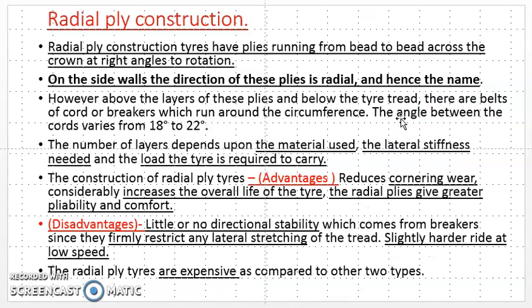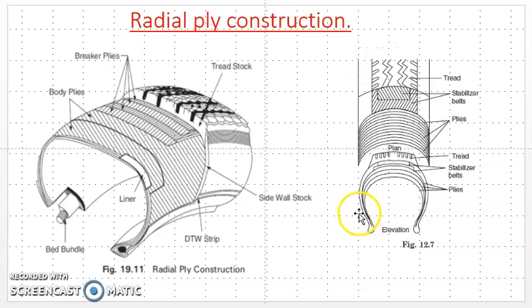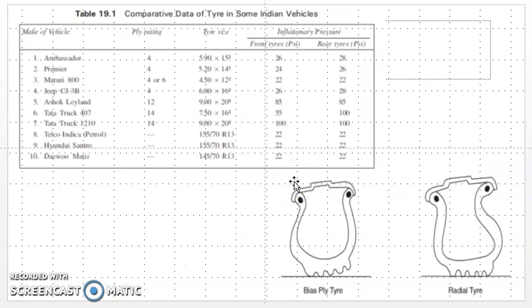In the radial ply construction, the plies run from bead to bead. Here the ply is placed one over another at the bead, and a belt stabilizer is used. We have seen the advantages of this ply tire over the other two tires.